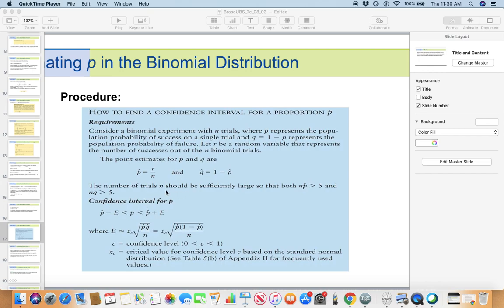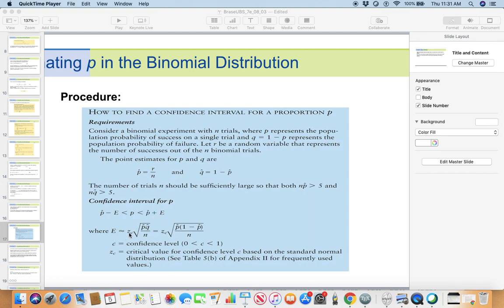The number of trials n should be sufficiently large so that both n p hat and n q hat should be greater than 5. The confidence interval for P is therefore P hat minus E to P hat plus E. What is E?